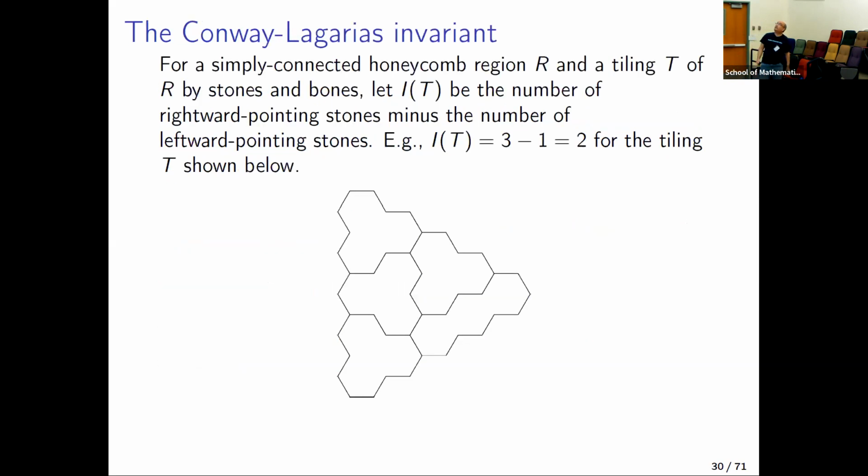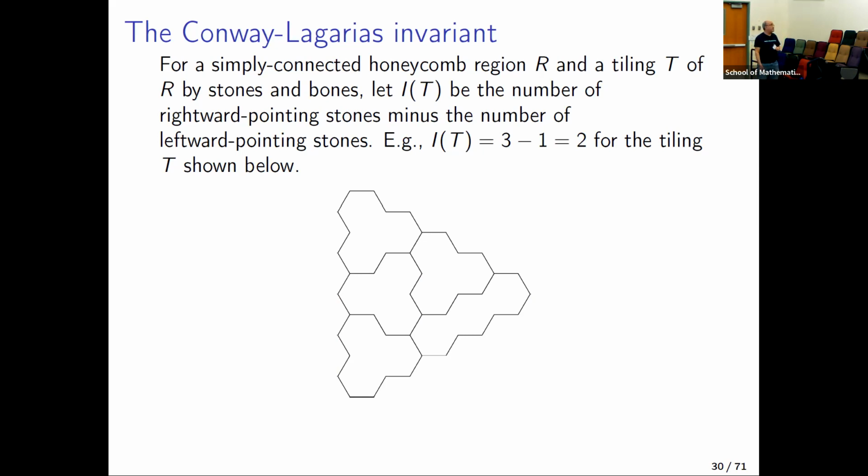So I want to say a little bit about what this invariant is. One way to compute it is with this complicated calculation involving the boundary word of the region being tiled. I won't talk about that here, although in the last talk I gave at the Rutgers Colloquium, I talked about that a little bit. But here's one way you can compute it. If you tile the region with a mixture of stones and bones, look at the number of rightward pointing stones minus the number of leftward pointing stones for that particular tiling.